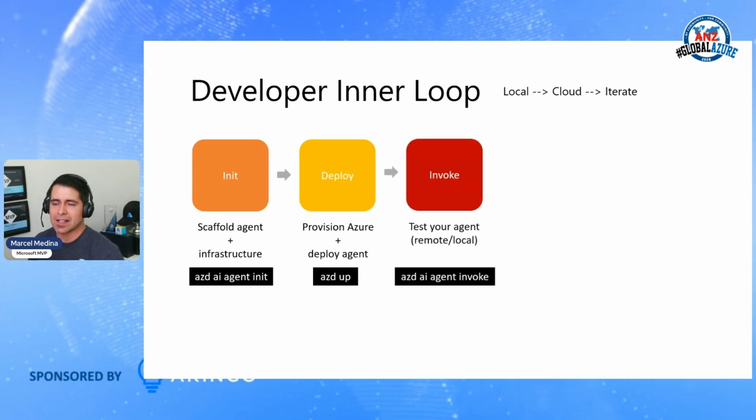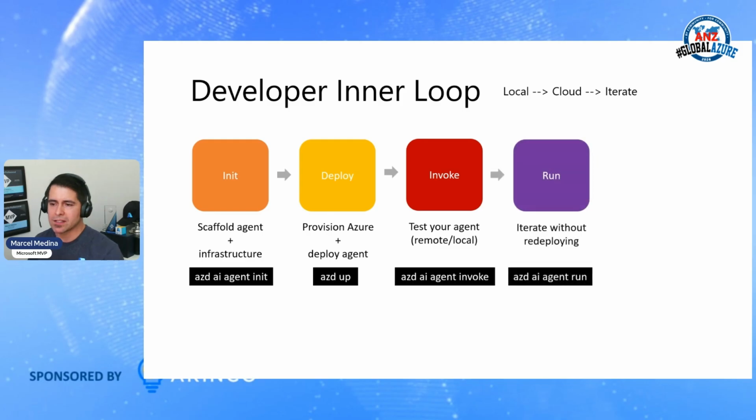What comes after that is that you have the option to invoke your agents through a remote or local experience with the command agent invoke, or run it on your local environment, right? Because as soon as you do the AZD up, things are provisioned on Azure, and at that stage, things are going to be running in there.